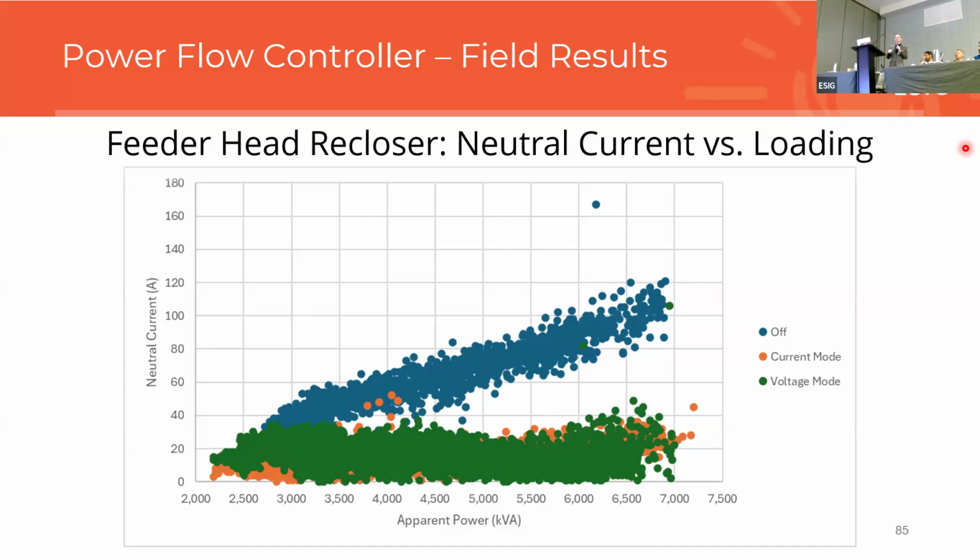Once you added the device, it flattened it quite a lot. So now we had, if you drew a midline, about 20 amps of feeder head neutral current across the load levels. And there was a slight uptick right near the end where you were probably leveraging quite a lot of the device. You might have been maxing it out. And those conditions reflected where you started to hit that more linear increase again.